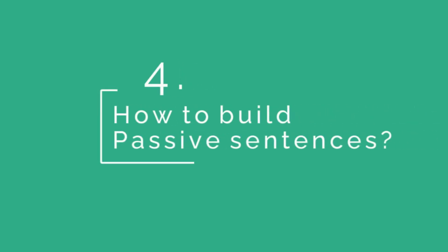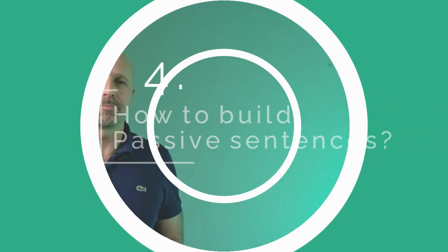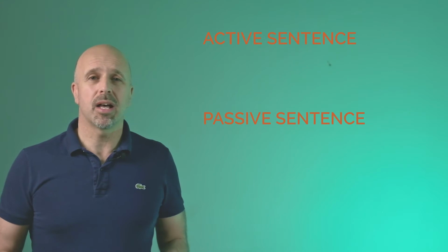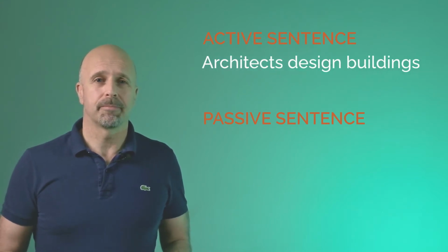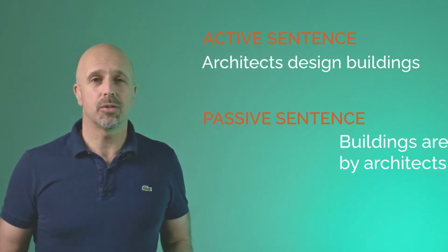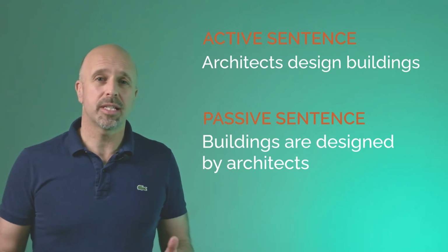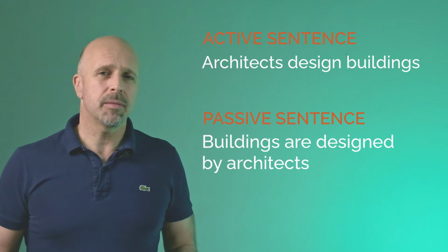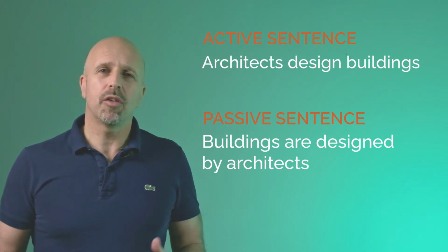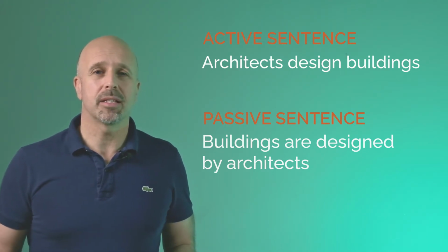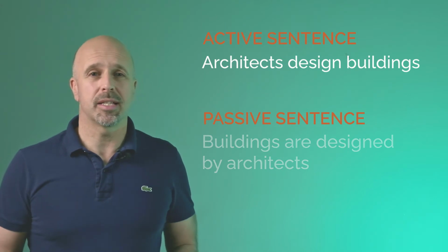Number 4, how to build passive sentences. Well, in part 1, we looked at this sentence. Architects design buildings. And we converted it to buildings are designed by architects. As an intermediate learner of English, you will often be asked to make passive sentences from active sentences.